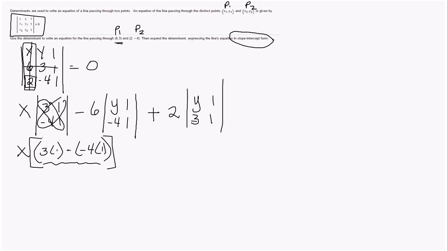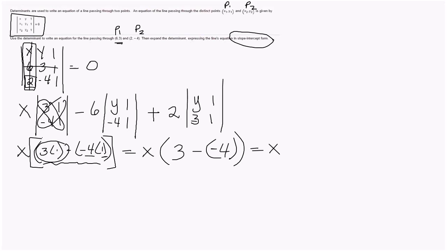If I were to simplify this, again, I'm going to multiply by x in the very end. I have 3 times positive 1 is 3. Subtract negative 4 times positive 1, which is negative 4. And then 3 subtract negative 4 is the same as adding 4.